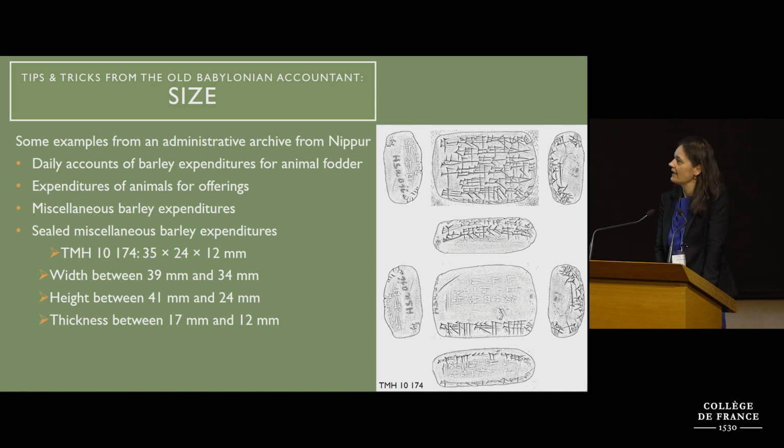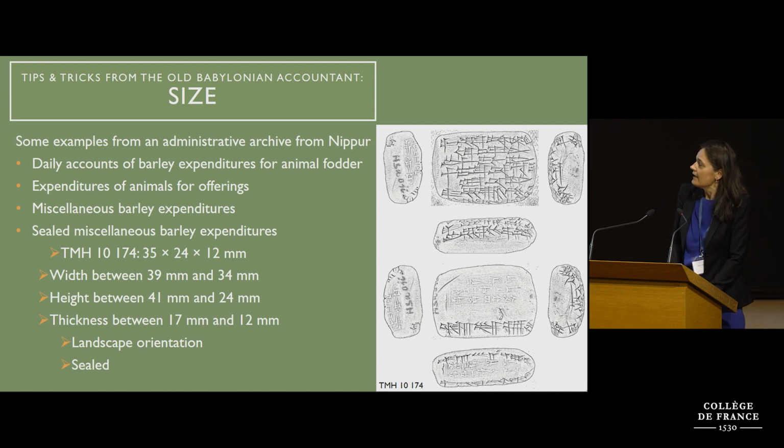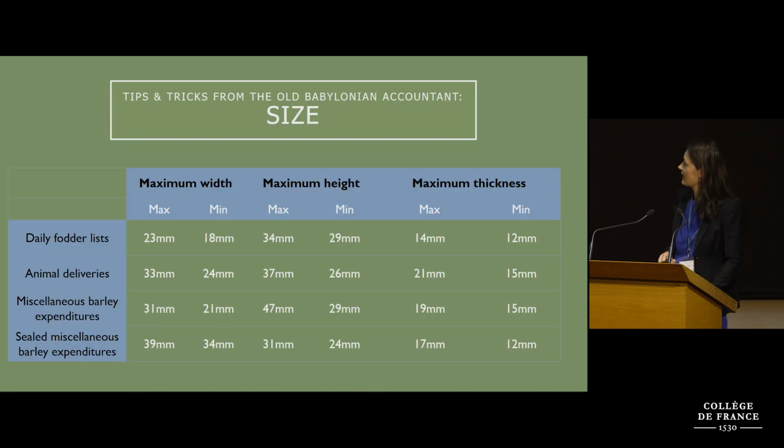And they are wider. You see the height. One is actually not landscape, but square, because it concerns more expenditures. So it's a landscape tablet on which the scribe wanted to write many expenditures, so he made a square tablet in the end, or more or less square.